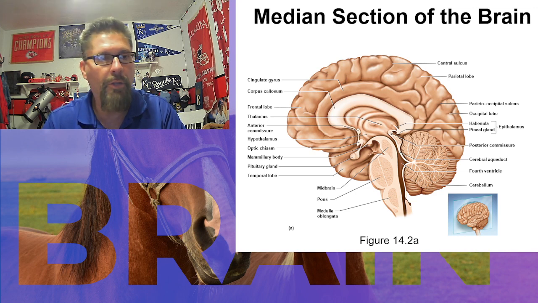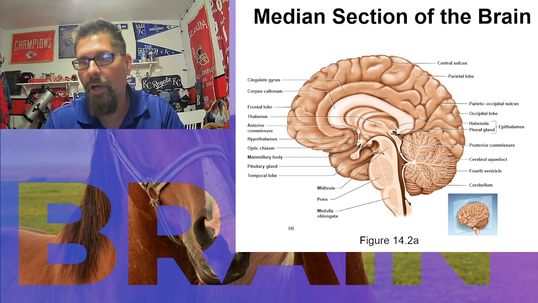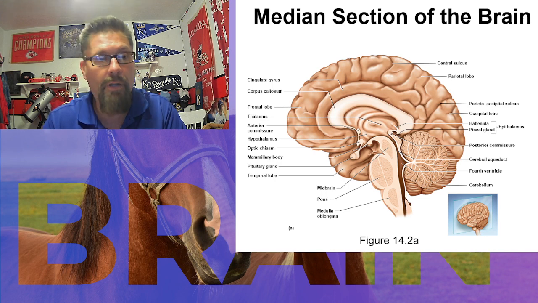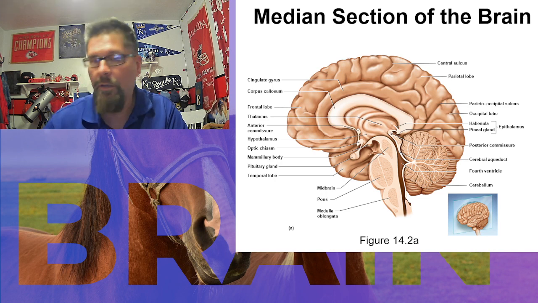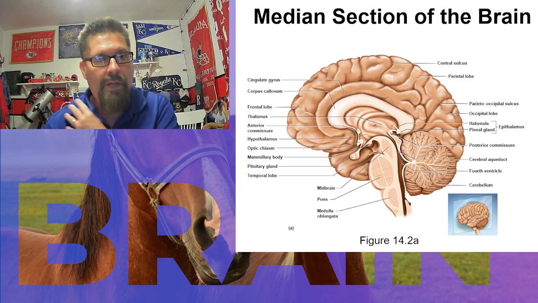Those three make up a huge portion of the endocrine system, which we will eventually get to, because it does play a huge part in everything that the body has to do to keep everything in a homeostasis mode.